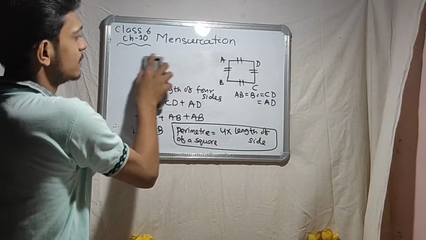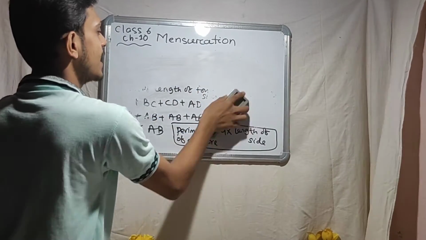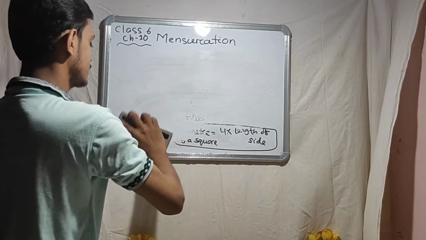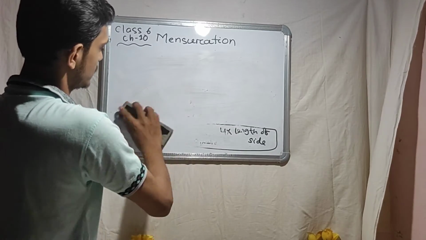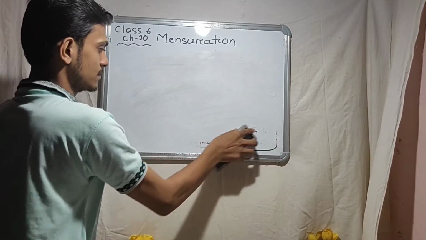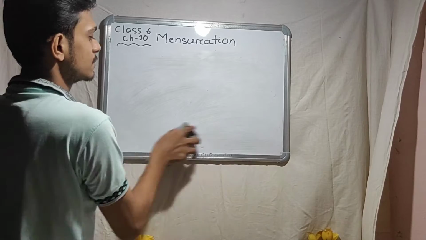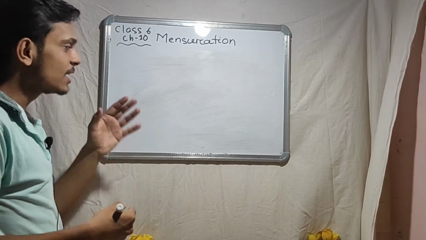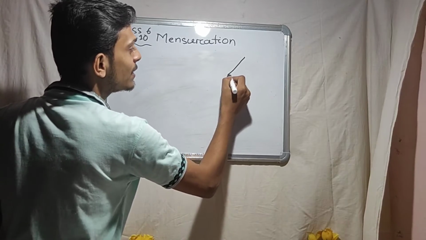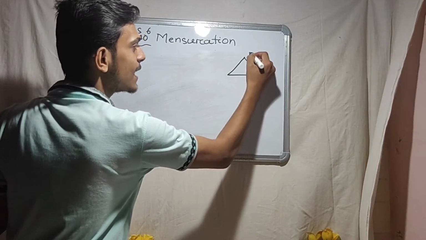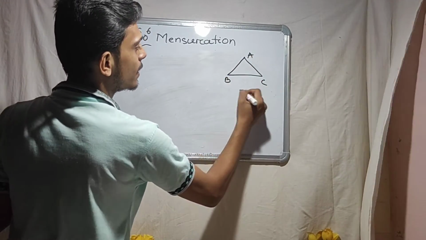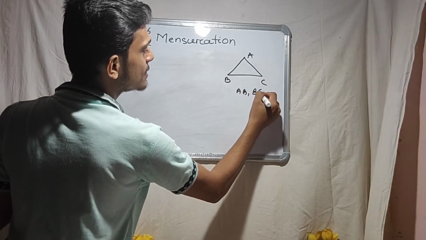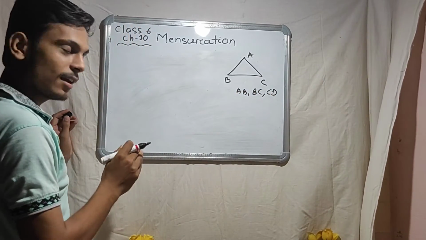Then the third figure is triangle. Just like rectangle or square, it is the sum of the lengths of the sides. But in case of triangle, how many sides are there? There are 3 sides: AB, BC, and AC. Clear my point?